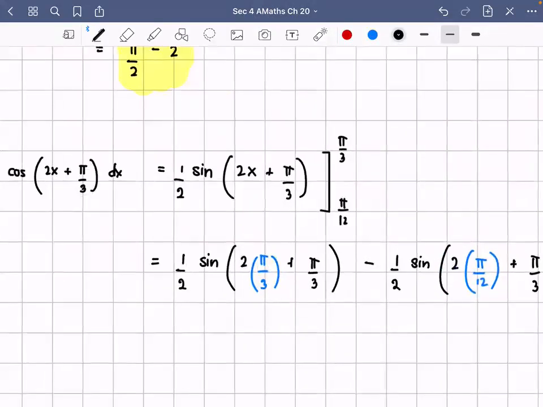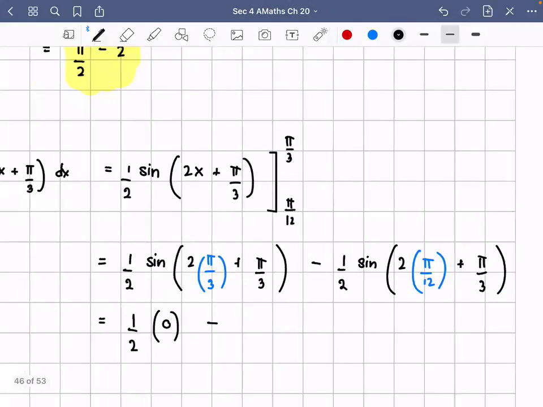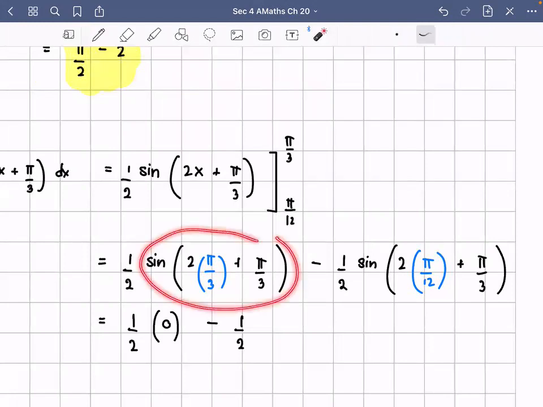Okay, so let's simplify each term now. So this is equal to sine of 2 pi, so this is basically 1/2 times 0. Okay, minus this is 1/2. Okay, class, again, you can plug everything here in your calculators.